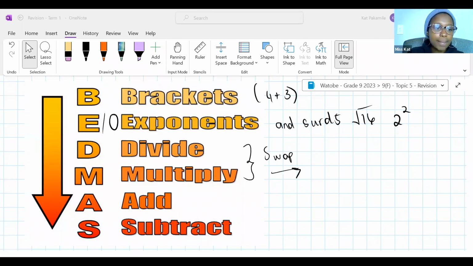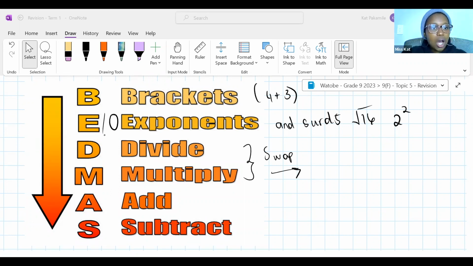It's just easier to say BEDMAS than it is to say BODMAS. Right? Okay, someone else, is there a difference between BEDMAS and BODMAS? No, there isn't, okay? The order is the same. Exponents are contained in this O that you find over here.